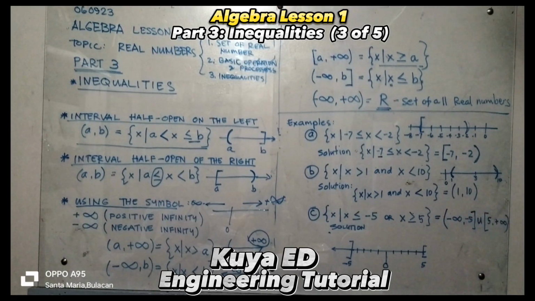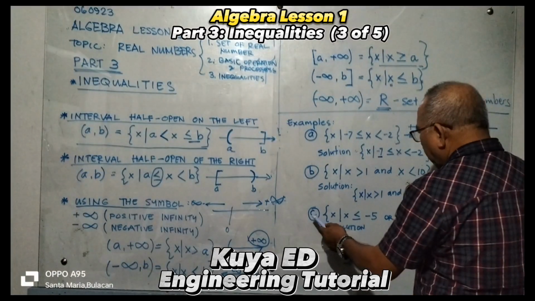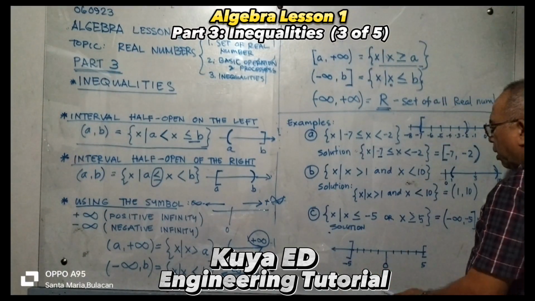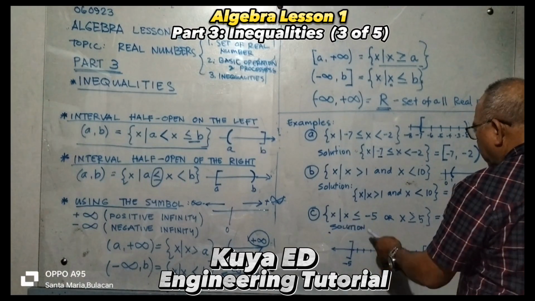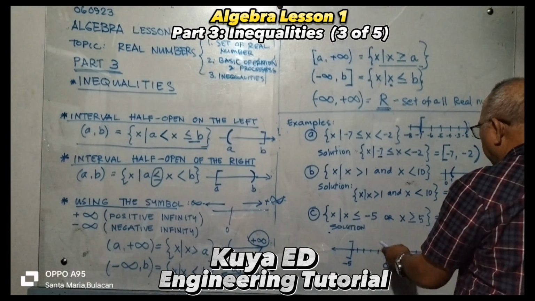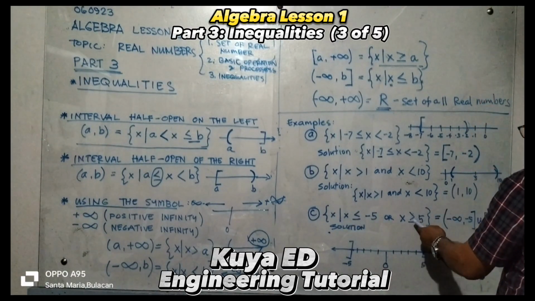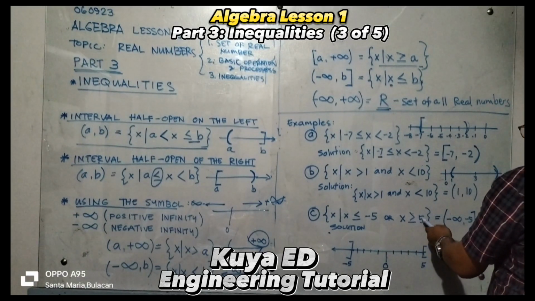Okay. So, letter C, sabi dito, X such that X is less or equal to negative 5 or X is greater or equal to 5.